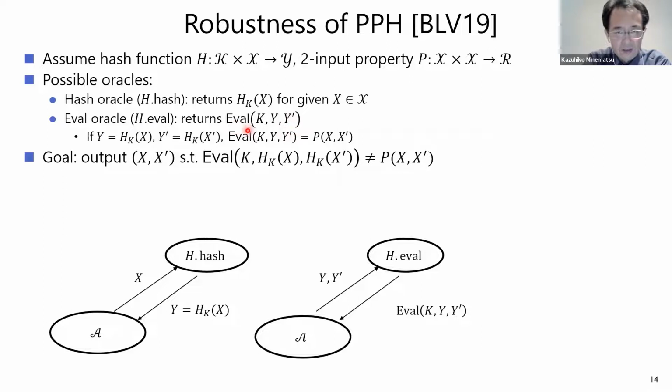This evaluation function is designed so that if these hashing values come from the two inputs x and x prime, then the evaluation correctly predicts the property of the two inputs. And the goal of the adversary is to produce a pair of inputs such that this evaluation function fails to predict the input property between the two inputs.